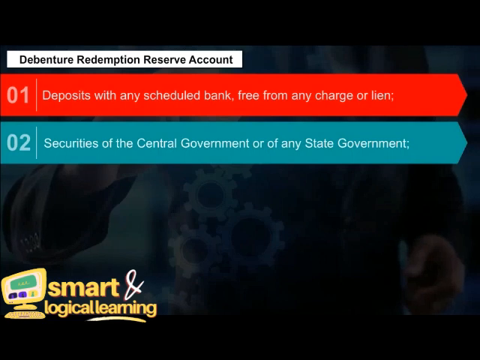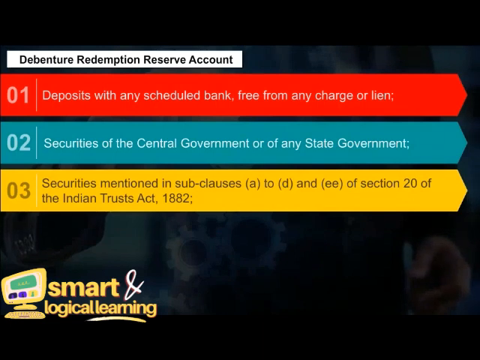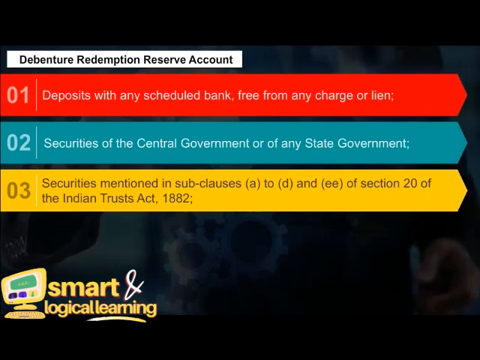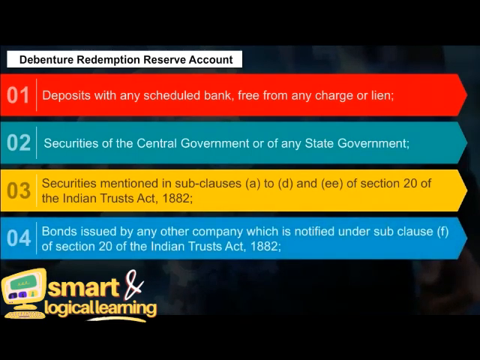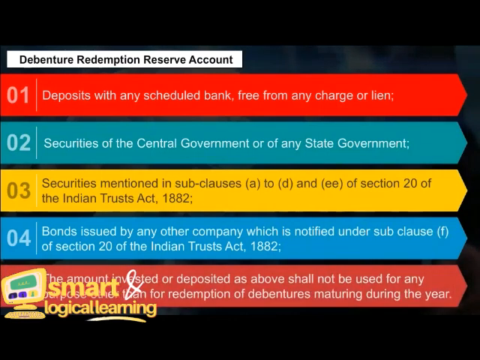Securities of the central government or of any state government. 3. Securities mentioned in sub-clauses A to D and EE of Section 20 of the Indian Trusts Act 1882. 4. Bonds issued by any other company which is notified under sub-clause F of Section 20 of the Indian Trusts Act 1882. 5. The amount invested or deposited as above shall not be used for any purpose other than for redemption of debentures maturing during the year.